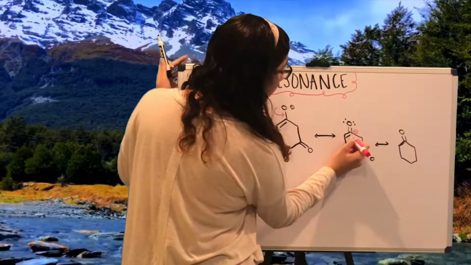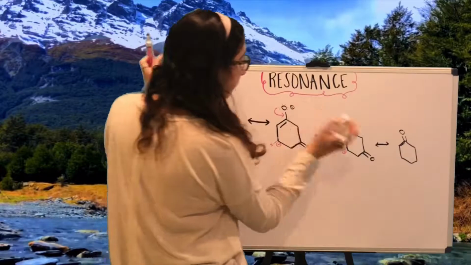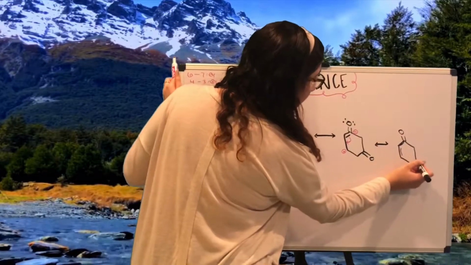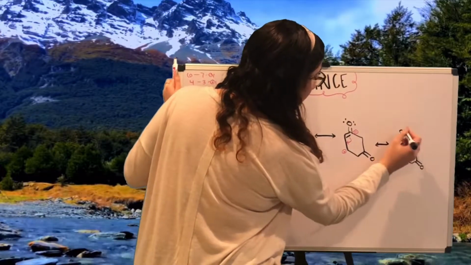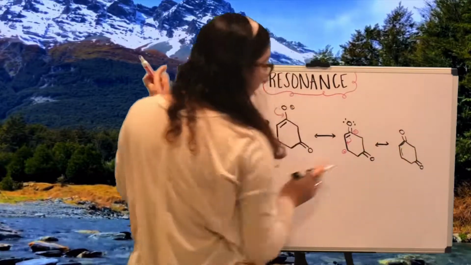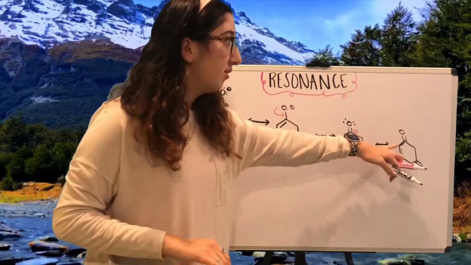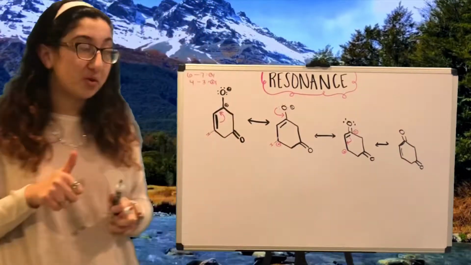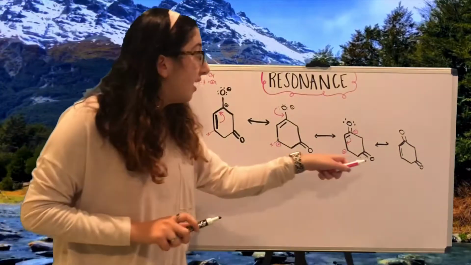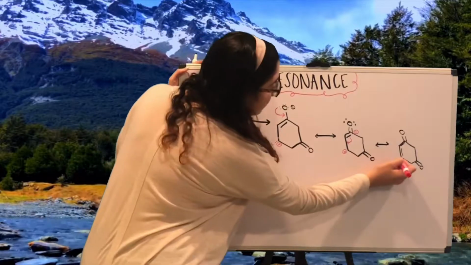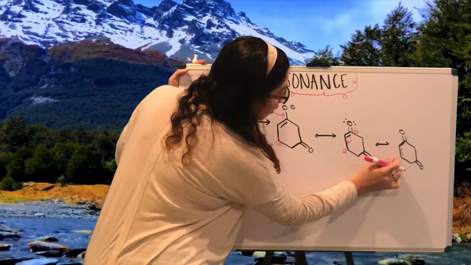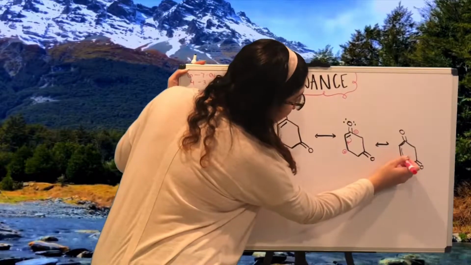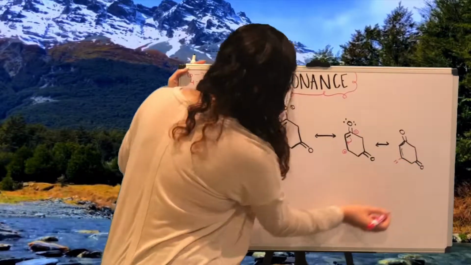Use my arrow to move it over. This doubly bound oxygen. This one is neutral. The carbon now is also having 4 electrons. So now the carbon is also neutral. And this one, I apologize, is still also neutral because it has this hydrogen.